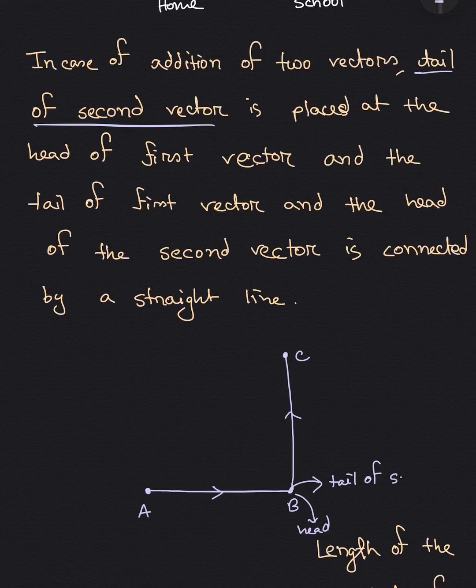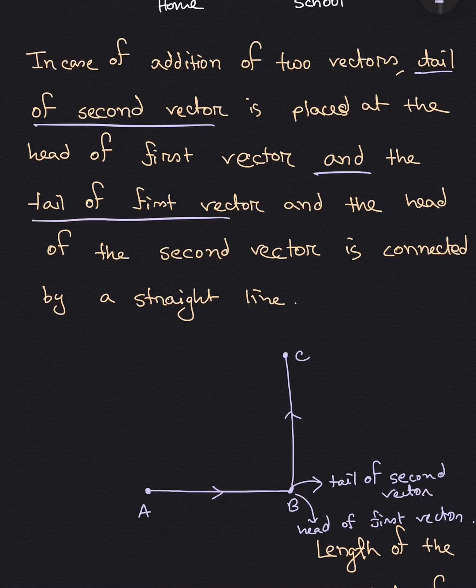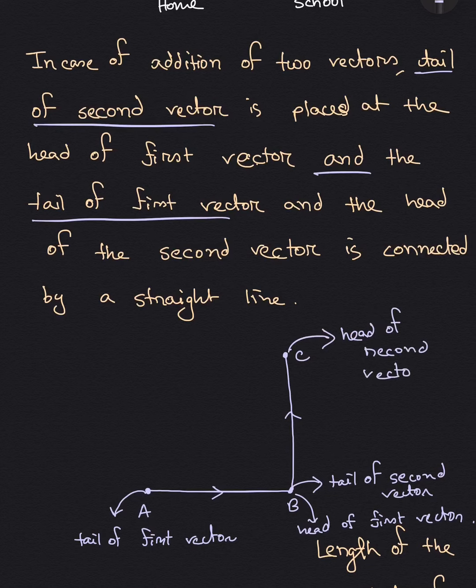The tail of the first vector, which is at point A, and the head of the second vector, which is at point C, are connected by a straight line, which is AC.